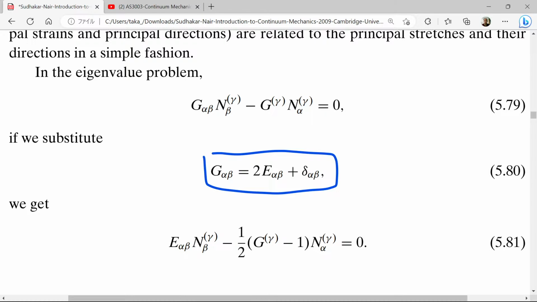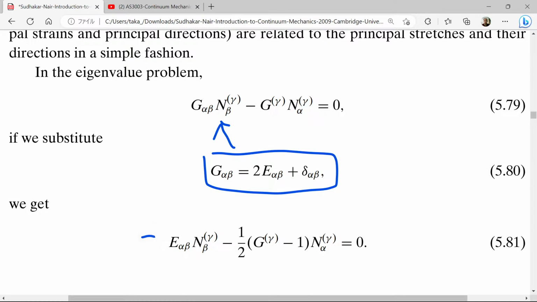Then we get this way with the delta. Okay. Yeah, I think we get it. Put it here, right?